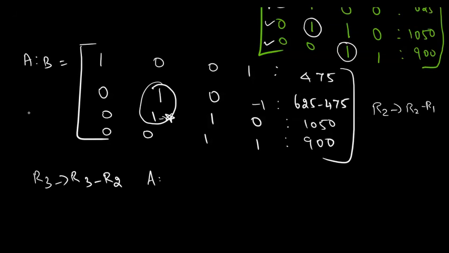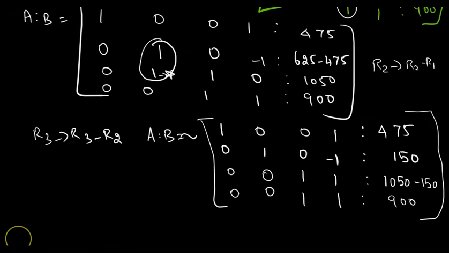So your augmented matrix A colon B will be equivalent to 1 0 0 1 475, and then I have written the other values. Your R2 is the same, because we didn't make any change in R2. So 0 1 0 minus 1, and 625 minus 475, which is 150.